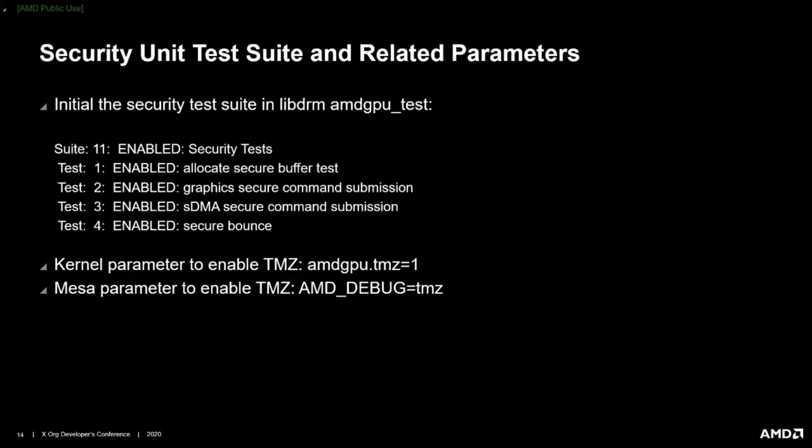Okay, we initialized the security test suite in libdrm and the AMDGPU test. This test suite is to verify the secure buffer related functionalities in the kernel and the user mode API from IOCTL. They verify the page table flags, graphics and SDMA command submissions, and secure buffer migration.